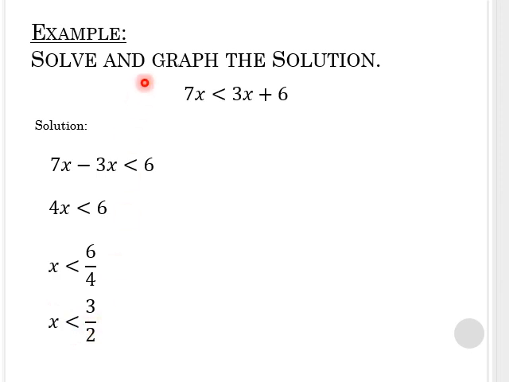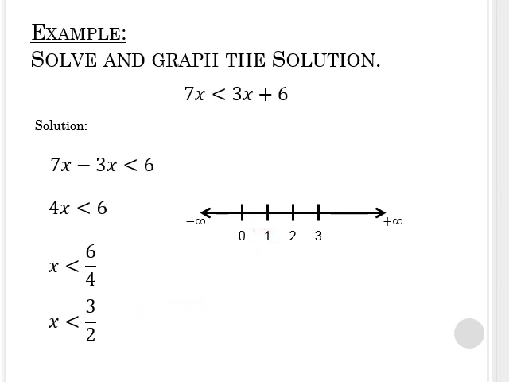Now we do the other half. Graph the solution. We start by drawing a real line from minus infinity to plus infinity. We plot a few points: 0, 1, 2, 3. 3 over 2 means 1.5. So 1.5 lies here.